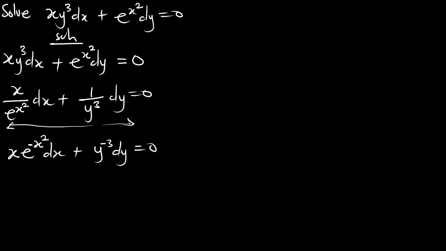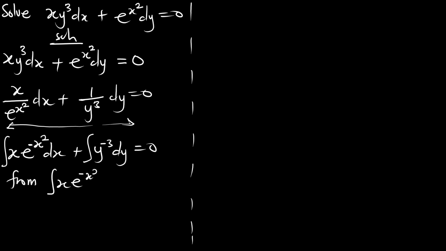So let me apply my integration this way. I want to integrate them one after the other. Let me first take the integral of x e to the negative x squared. I want to integrate only this. So I'm going to use the method of substitution.